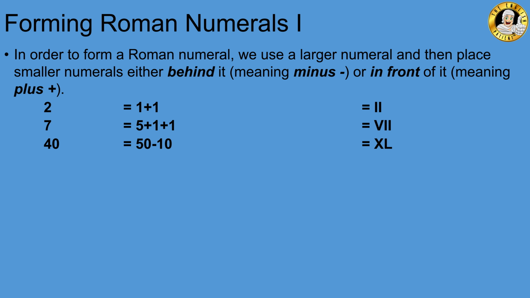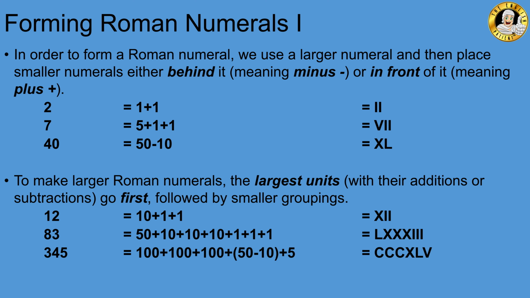For the number 7, I would start with 5, which is V, and then I want to add 1 and add 1 again. So I will have VII. For the number 40, I will take the number 50, which is L, and I want to minus 10 from this number. In order to minus, I will put it behind. I will put the X, which is 10, behind the L. That means 50 minus 10, so this is 40.